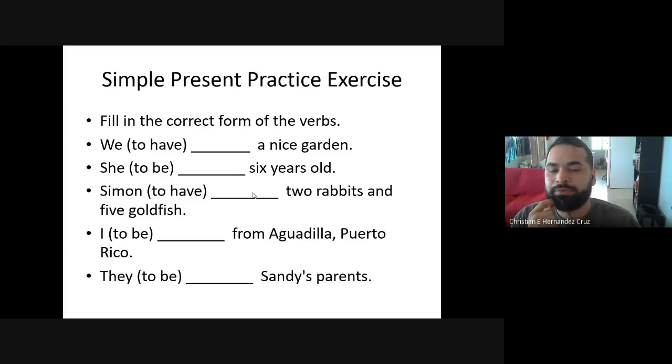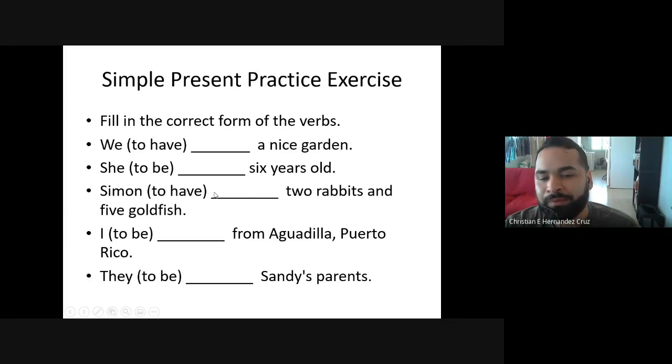Remember, used to have sería pasado. So we're working with the simple present only. Of course, we're going to work with past later. So en el futuro, that answer would be correct. Right now, seeing as we're in simple present, we're going to focus on simple present verbs. So yes, whoever said has was correct. Simon has 2 rabbits and 5 goldfish.